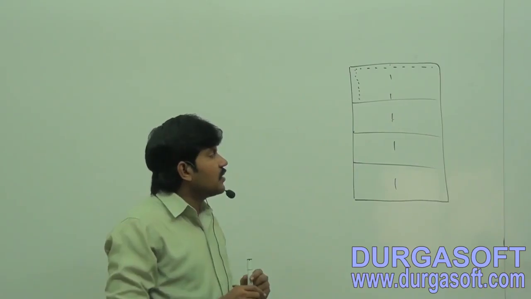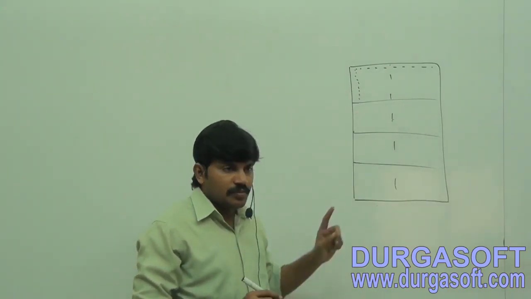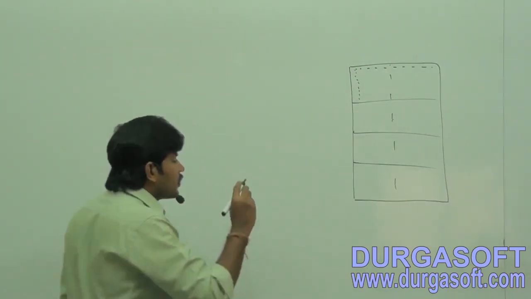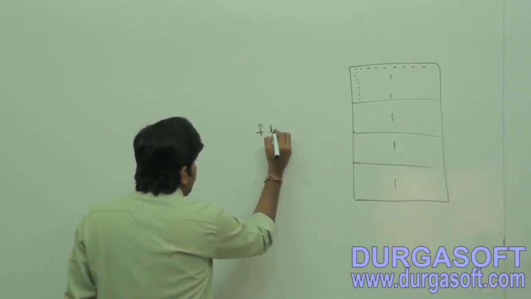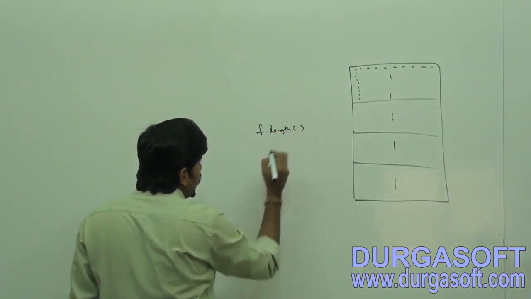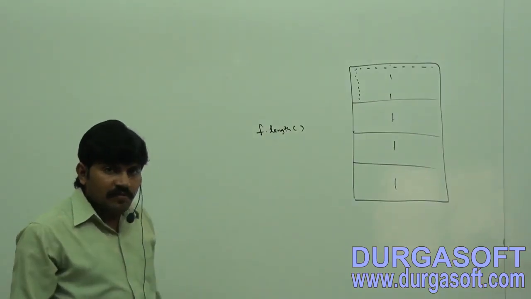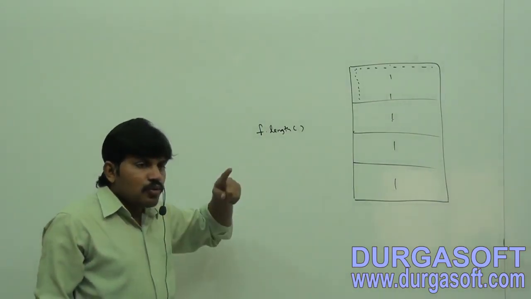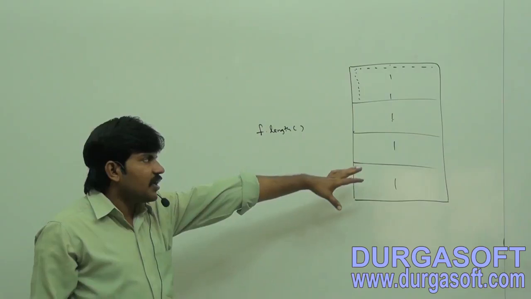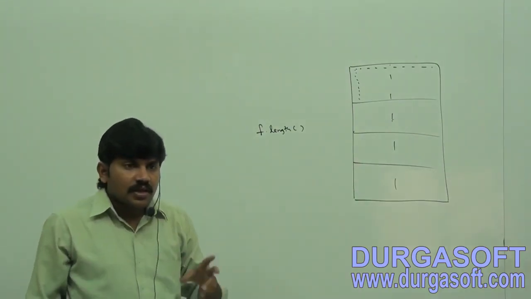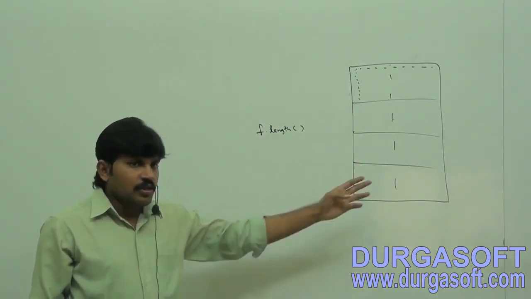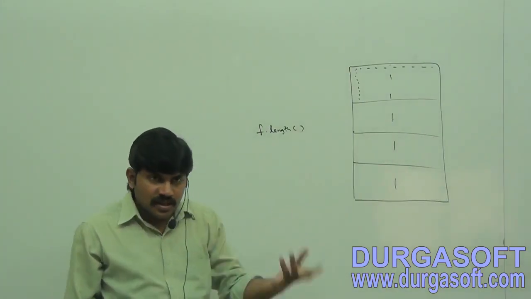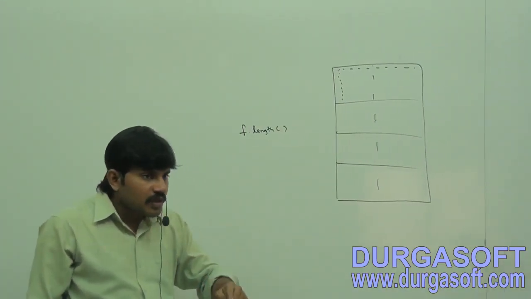To hold the number of characters present in this big file, what should we go for? The f.length method. Do you know f.length returns the number of characters present in the file. To hold the number of characters present in a big file, int may not be enough. This number of characters may exceed the int range. Then we should go for long type.